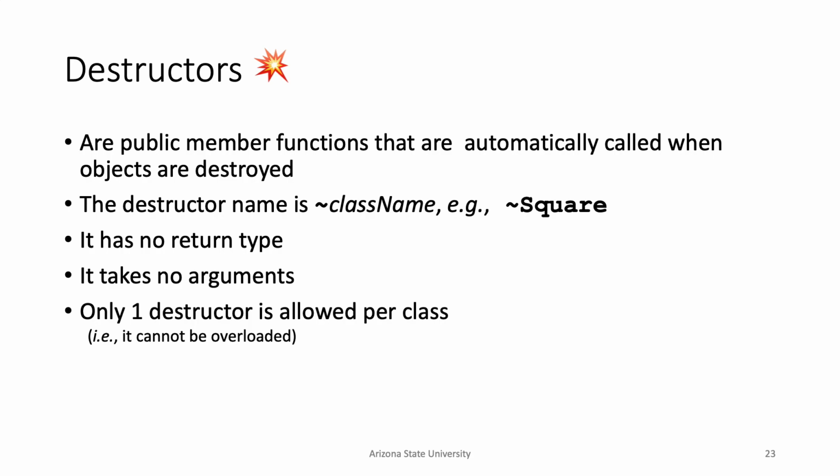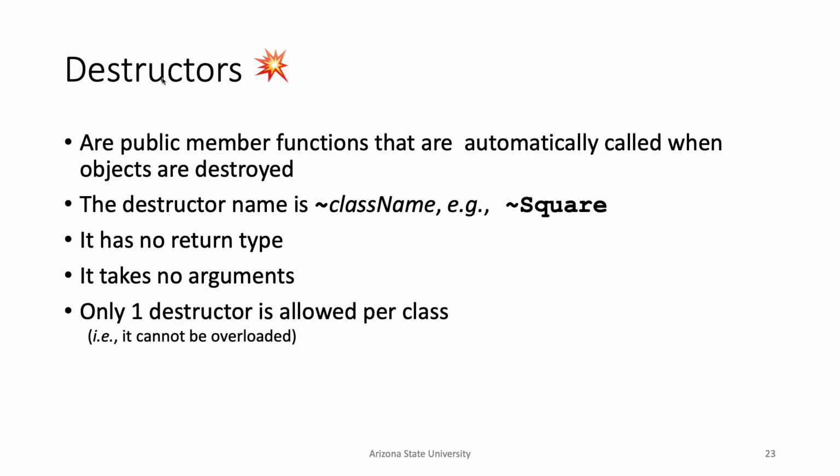The constructor that we've been talking about is when the object comes into existence. We set the variables, we allocate all the memory that's needed for the object, everything about the object is created when you call the constructor. When the object is about to be destroyed, it calls the destructor.